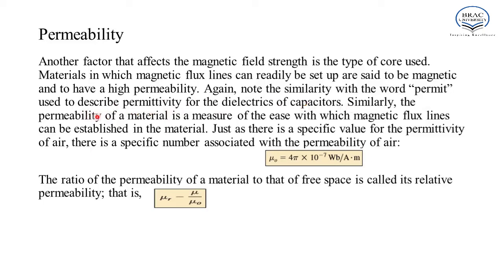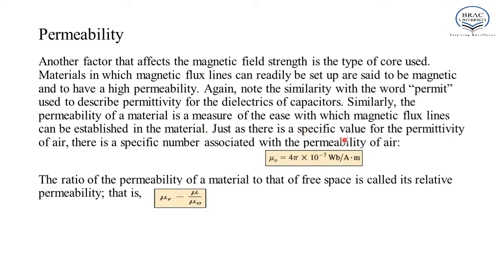Similarly, the permeability of a material is a measure of the ease with which magnetic flux lines can be established in the material. That is, permeability basically tells us how easily magnetic flux lines will be established in the material.